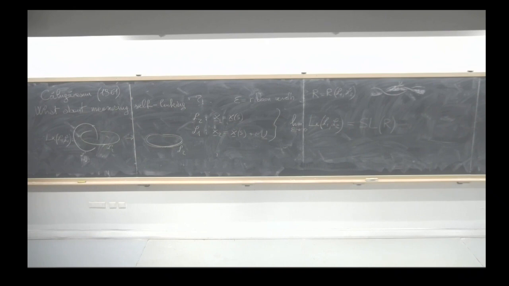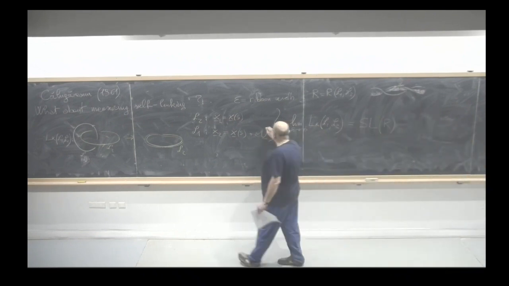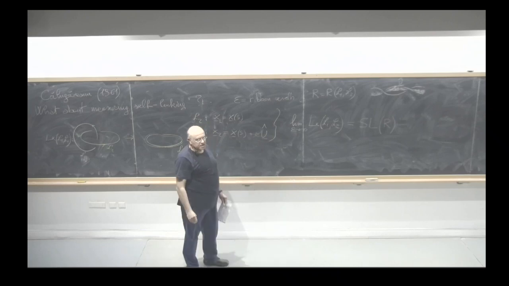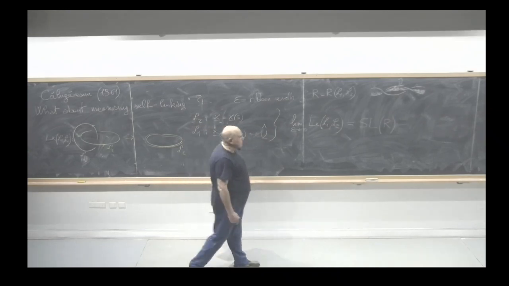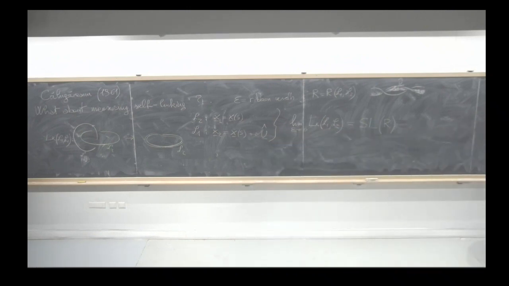Can you speak up a little bit? u is a unit vector, a unit length vector, and any unit vector. If you're happy about the binormal, okay, but not necessarily. It depends, of course, on the choice, but not the end result.